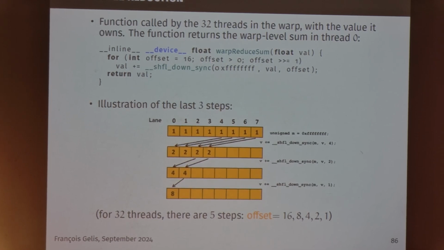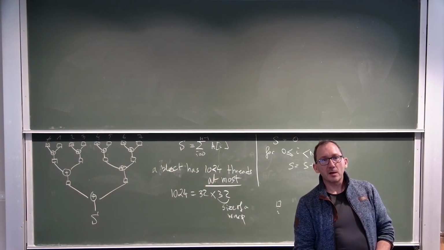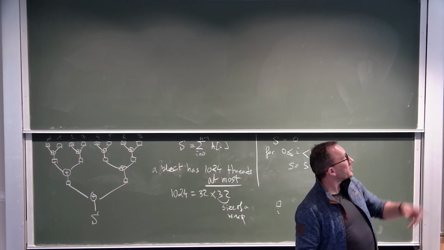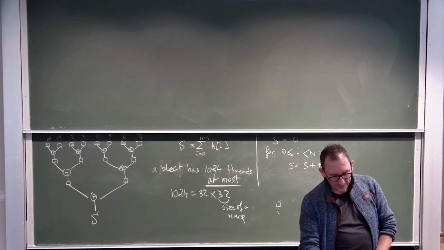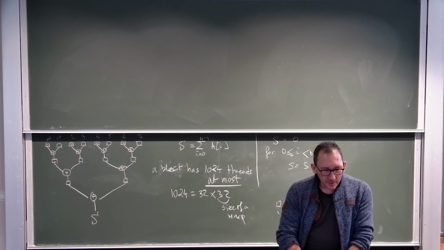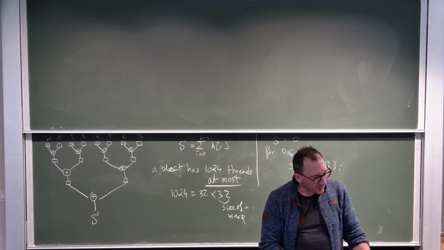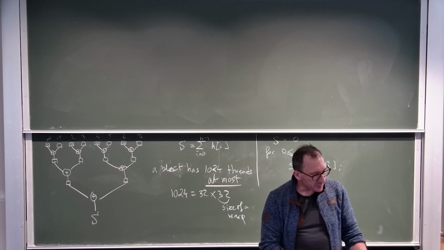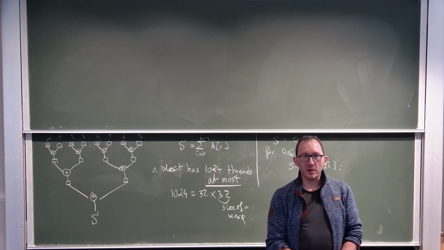Is the compiler intelligent enough to perform this operation automatically when you check the code? No, this is something you have to put explicitly in your code. The compiler cannot do that, not in CUDA, not in C. There might be some languages which have these reduction operations built in, but I'm not familiar with it.